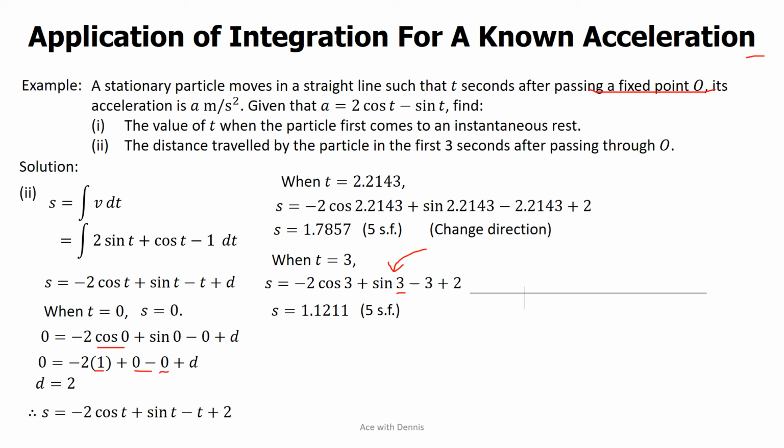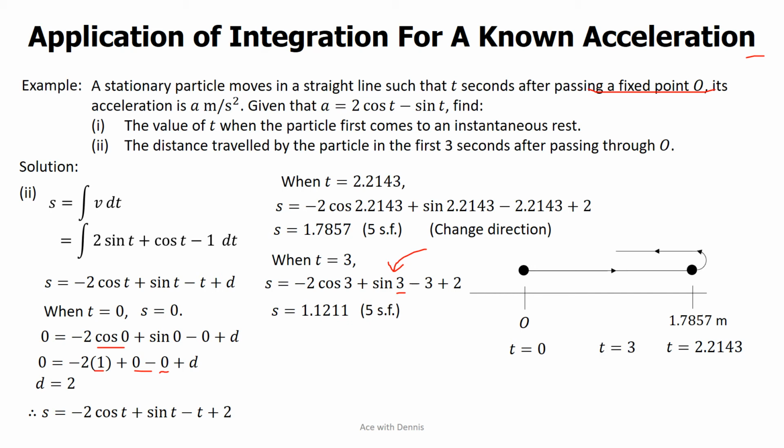And now we can sketch the diagram where this is the reference point O. At time equal to 0, the particle starts at this point, and it moves in this direction until time is 2.2143 seconds, where the displacement is 1.7857 meters, and the particle is at this point.